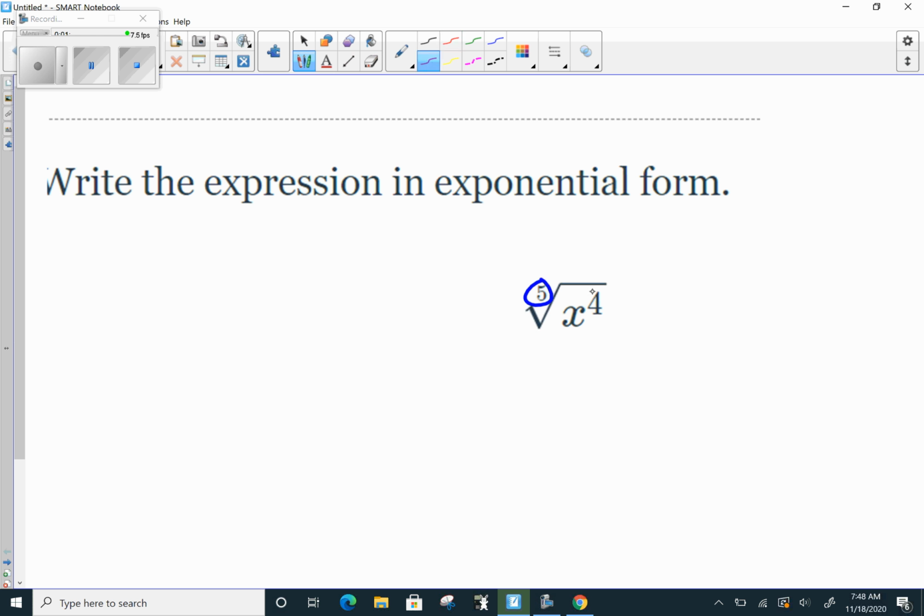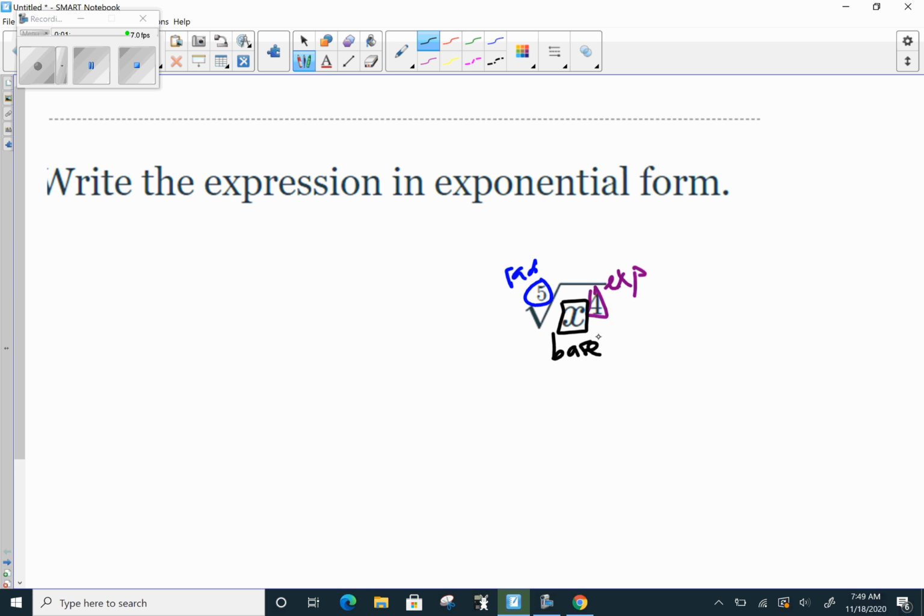And what you see here with the x is called the base. So radical in blue, exponent in purple, which you all know, and the black is called the base.